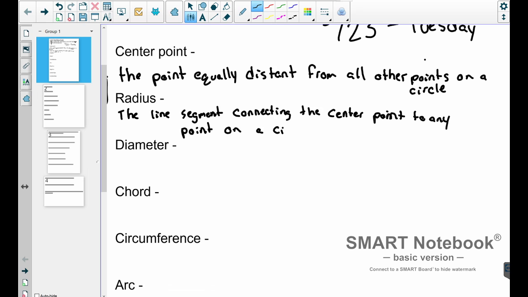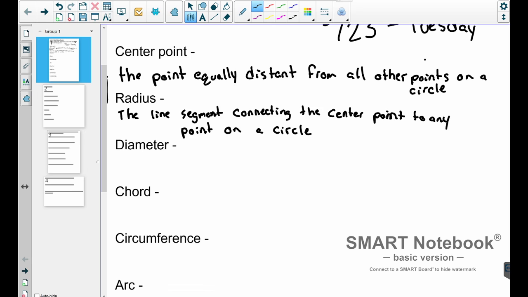So remember, there's a ton of radii. You can put them anywhere, but you're going to have a circle, and you have your center point, and it can be here, it can be there, it can be here, but wherever it is, it's going to be connecting that center point to the outside of the circle.